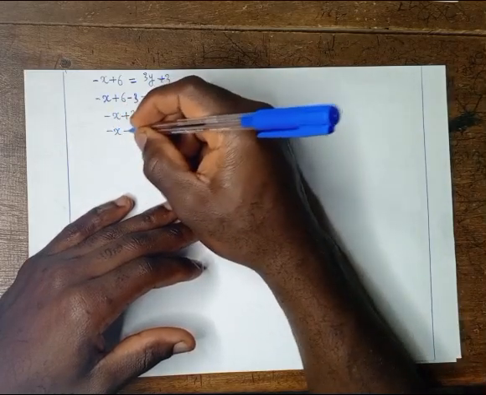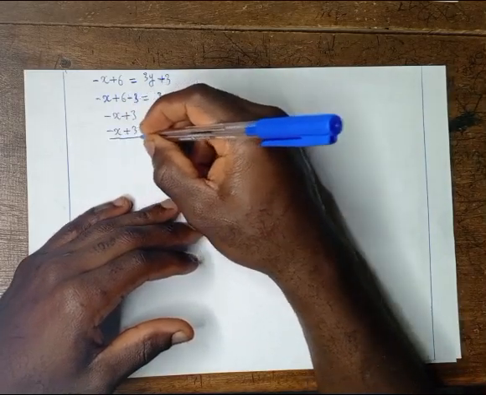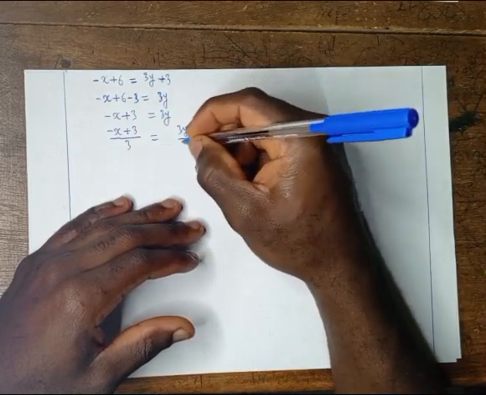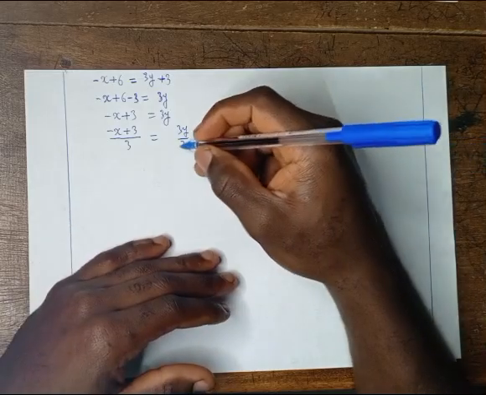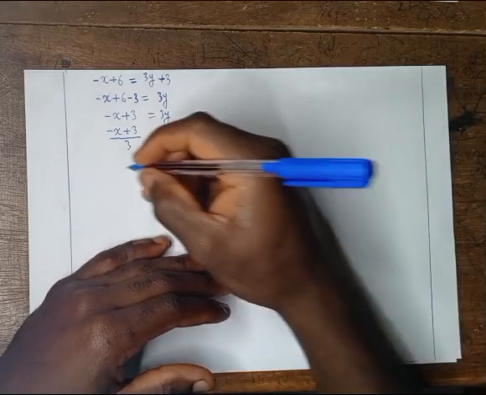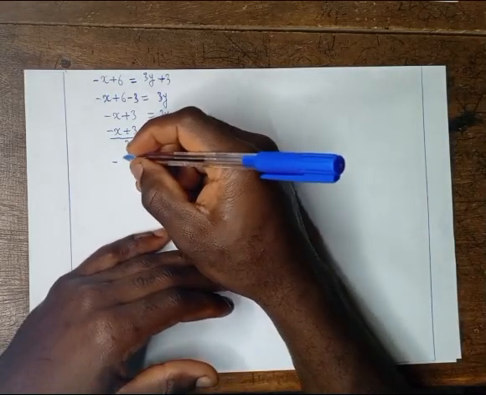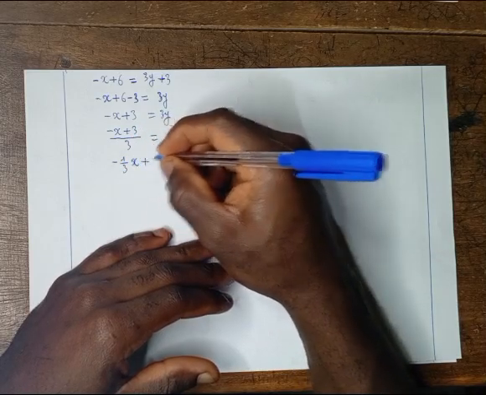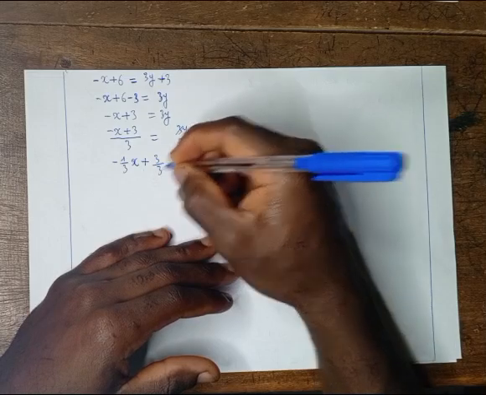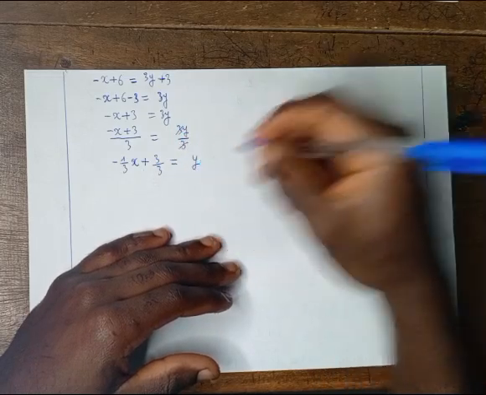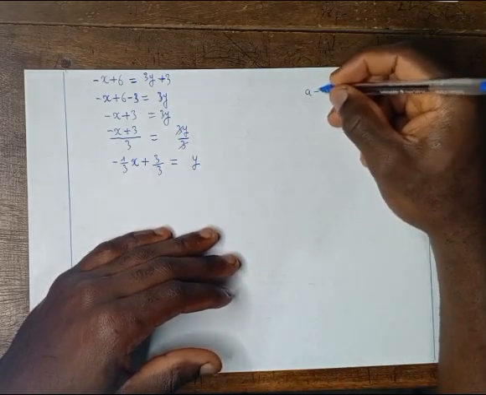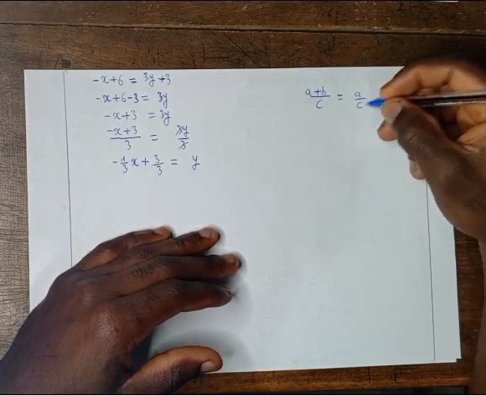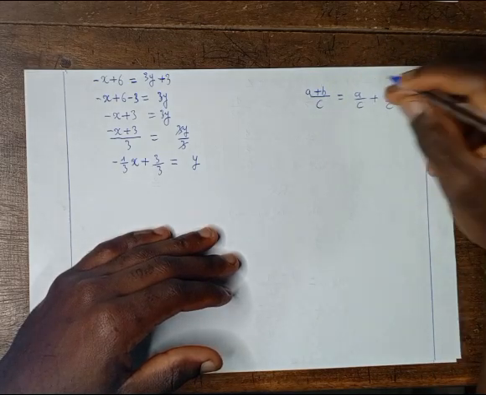This will give us negative x plus 3 divided by 3 to equal 3y divided by 3. This and this will cancel. We are going to obtain negative 1/3 x plus 3 over 3 is equal to y. Remember, if we have a fraction, a plus b over c, this is the same as a over c plus b over c.